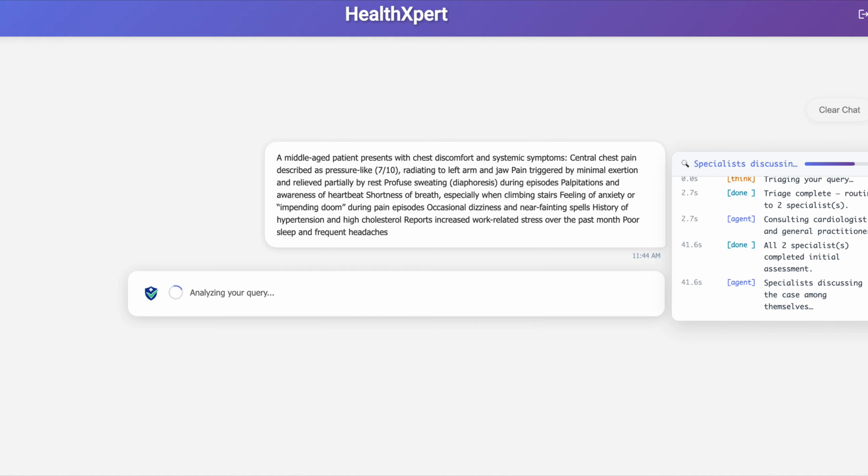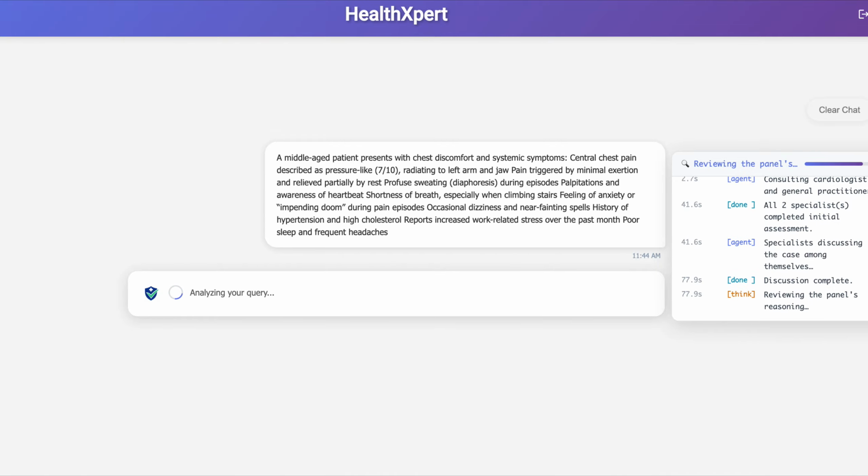So this is the problem we gave to our agents, and the agents are working together to collect a refined report. Here you can also see the logs. It is the agent specialists discussing the case among themselves and reviewing the panel's reasoning.